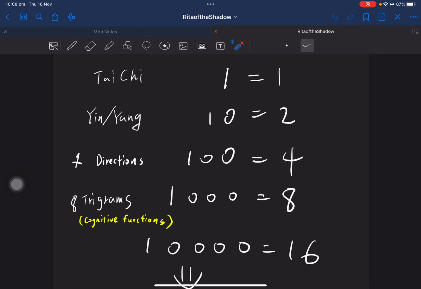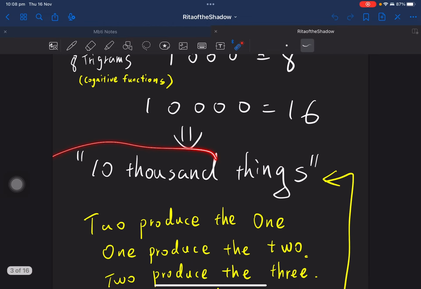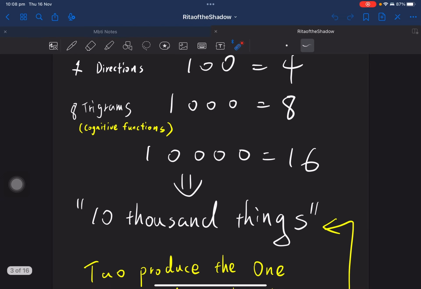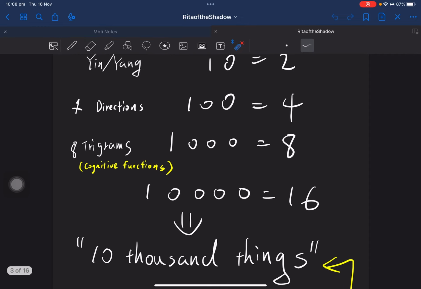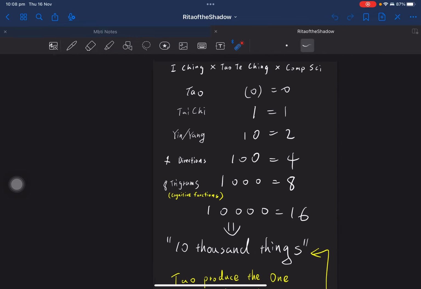And then from the 8 cognitive functions, you have your 16 personality types, and that is the 10,000 things. So we get all the personalities, basically, and then you have your 4 sides of mind, and then you have your 4 temples and your 4 quadras, and everything like that. So yeah.